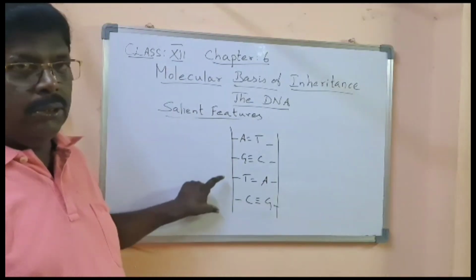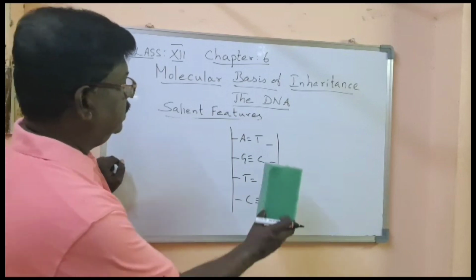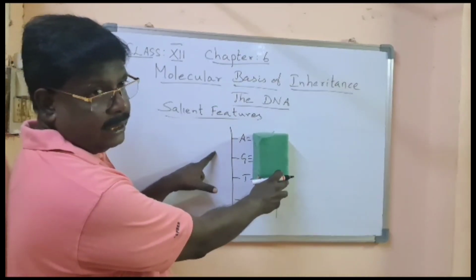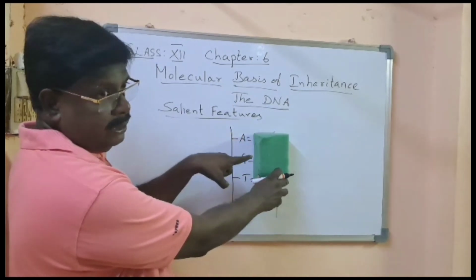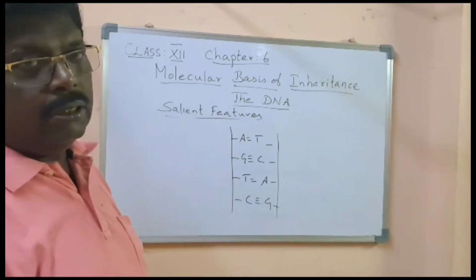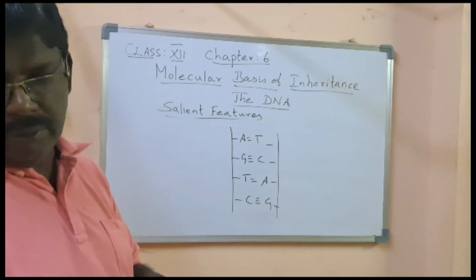You can see the nucleotides. It's a double-stranded DNA. So if I close with this, it is predictable. If one strand is there, it acts as a template for the other strand. A means the next will be T, G means C, likewise. So this is called the complementarity feature. One strand will act as a template to form the other one.